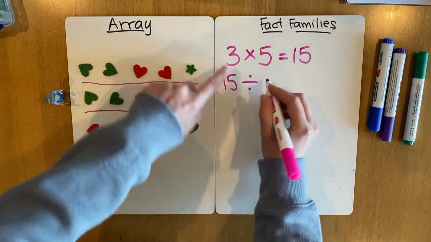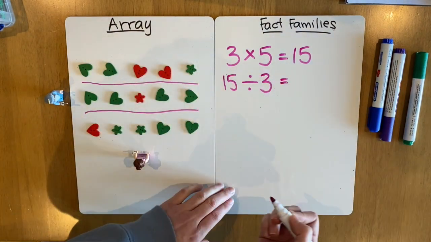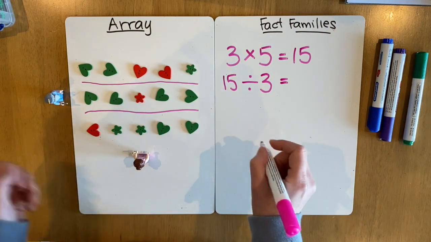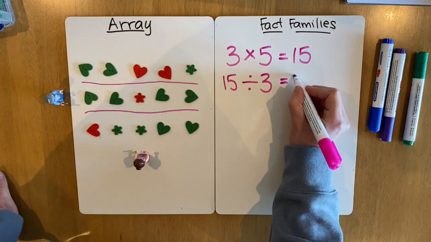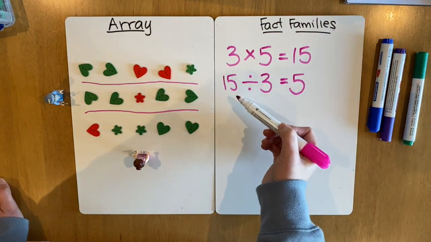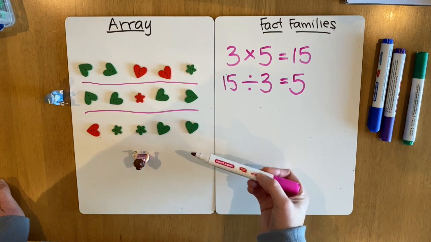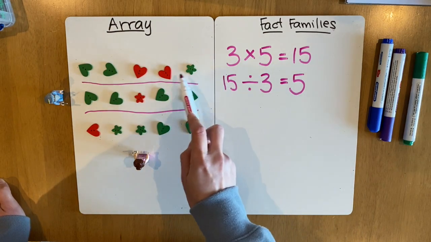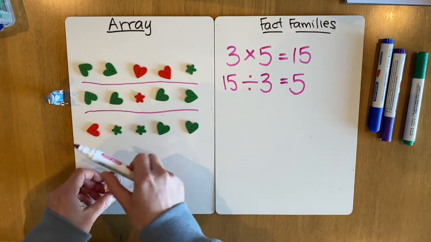That's that 3. 15 divided by 3 is, and we don't really need to work it out because we can use that 5. But just to double check, let's see. So 15 shared between 3 groups, and there's 5 in each group. 1, 2, 3, 4, 5. So that is Hermione done.